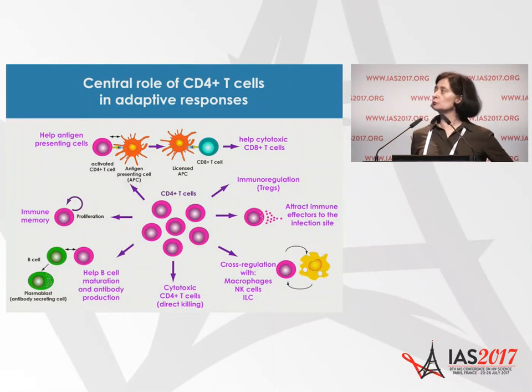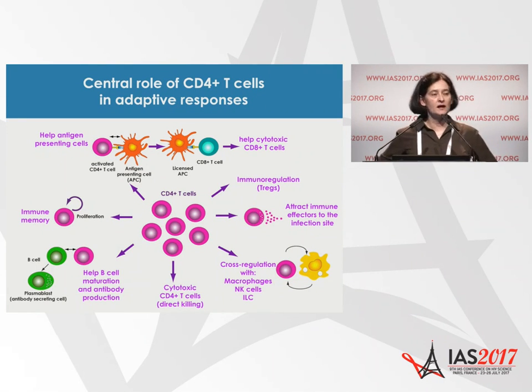So first, a brief reminder of the central role of CD4 T-cells in adaptive responses. CD4 T-cells provide help to multiple immune effectors, including B cells and dendritic cells, which then become licensed to help CD8 T-cells, and also innate cells.